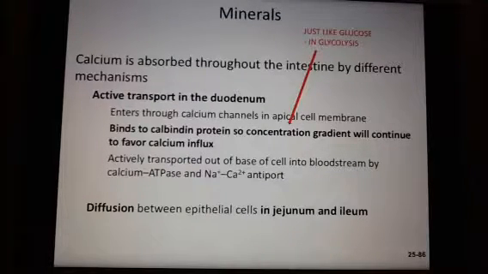And then this talks about specifically calcium is absorbed throughout the intestines. It's absorbed by active transport in the duodenum, and then diffusion in the jejunum and the ileum. But again, sodium, calcium, and chlorine are minerals that your body is going to absorb.